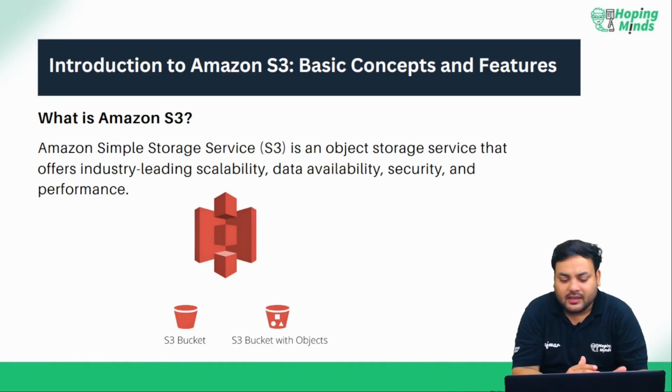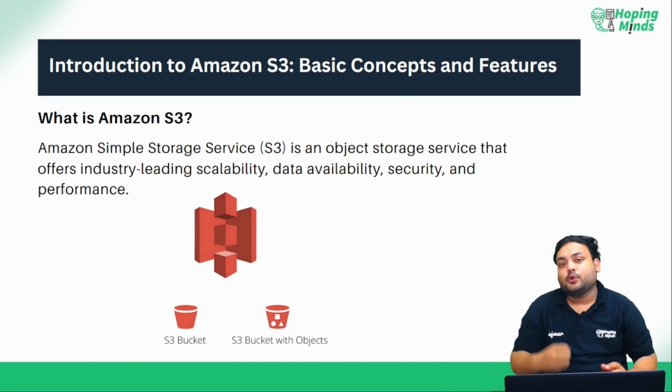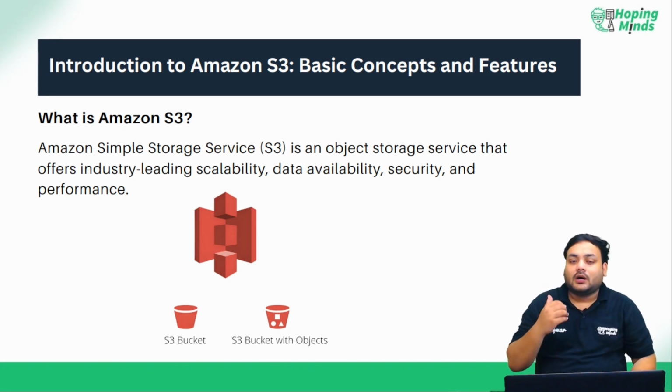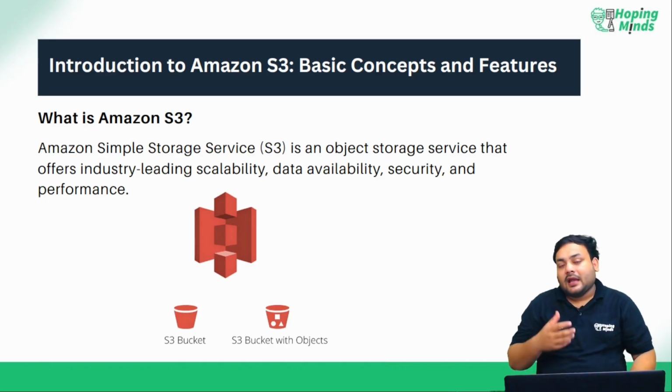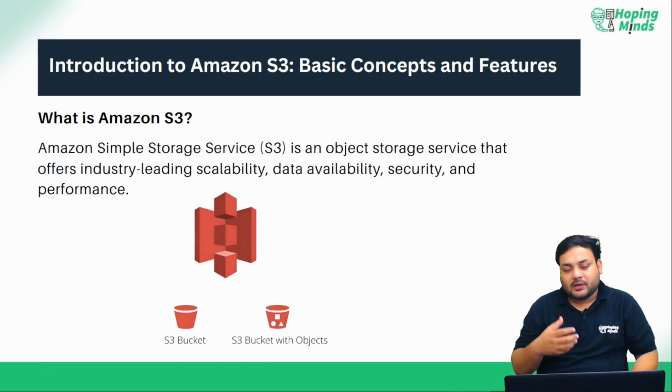Scalability is very good: if we are using S3, we can scale up and scale down as per our requirement. We have very good data availability, meaning you can upload anything to your S3, and you can get that file back.